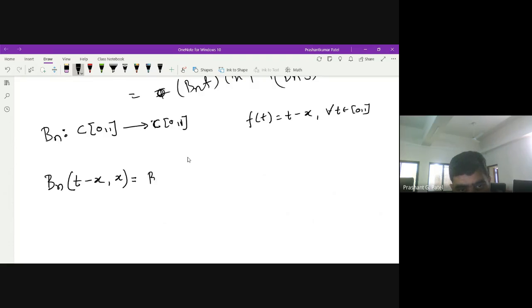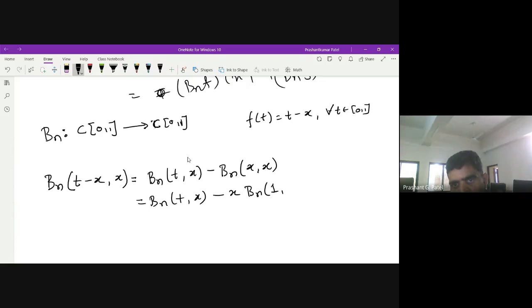We can write this as Bn of t at x minus Bn of x, and since this is a constant, Bn of t at x minus x Bn of 1 at x.